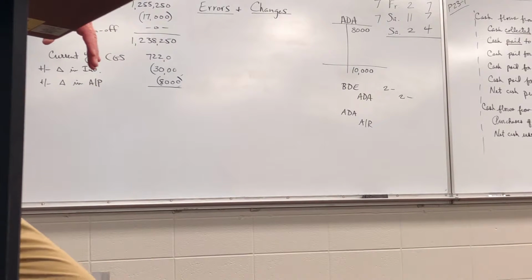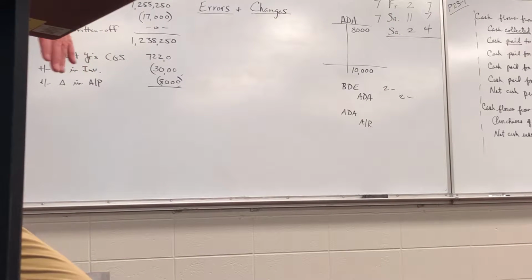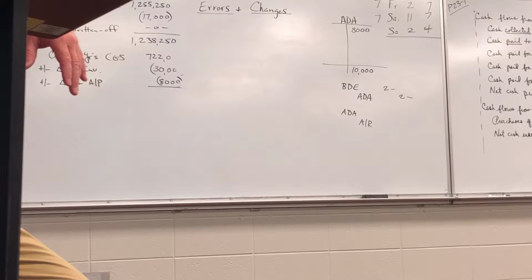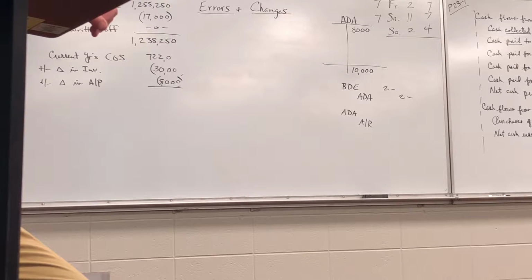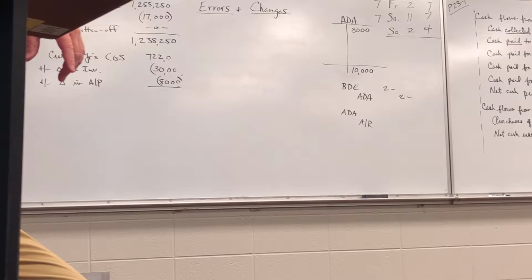So, if we're issuing comparative financial statements and the error occurred in a year that we're issuing, restate the financial statements the way they should have been correctly presented the first time. Okay?